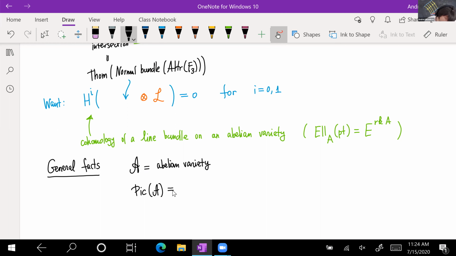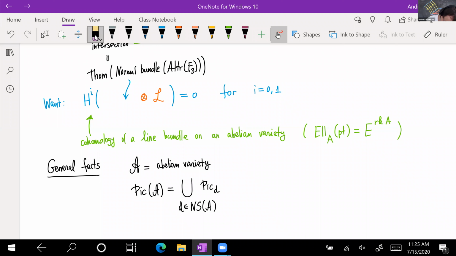So maybe I'll write it as a union. It's a union over all possible degrees. These are possible degrees indexed by the Néron-Severi group of your abelian variety, with line bundles of that degree.